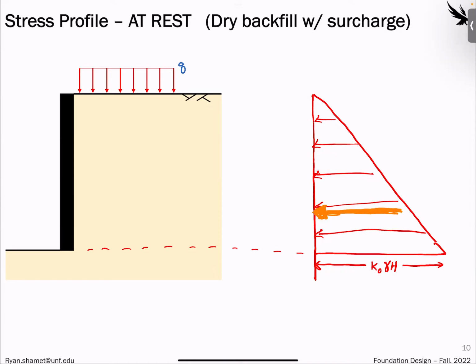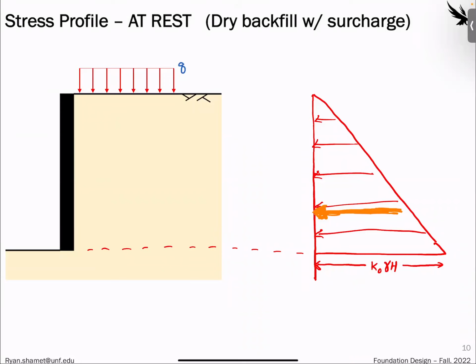What we assume is that, for the height of this wall, using the 2-to-1 method or one of the Boussinesq methods, this surface stress is going to dissipate with depth, right? But since the height of the wall is usually relatively small, like 10 meters or so, what we assume, on the conservative side, is that this vertical stress is being felt all the way down, the same amount.